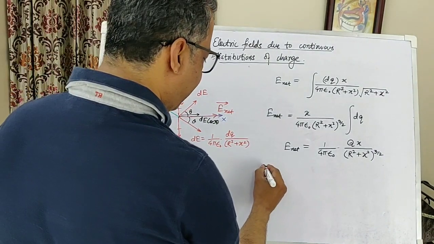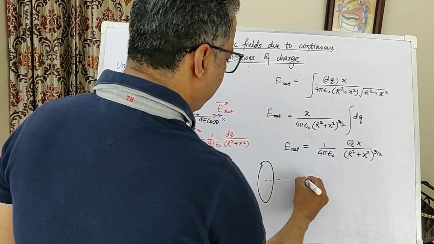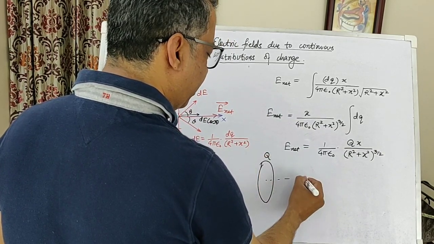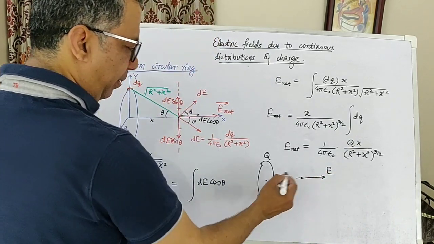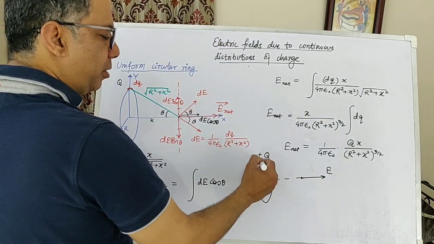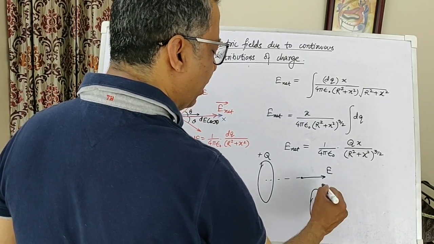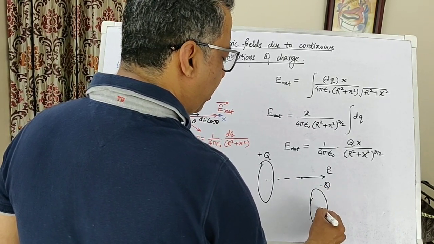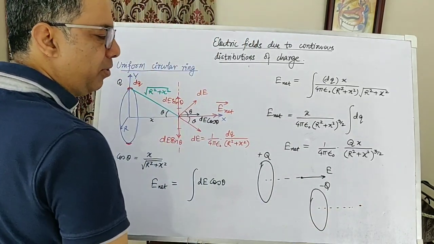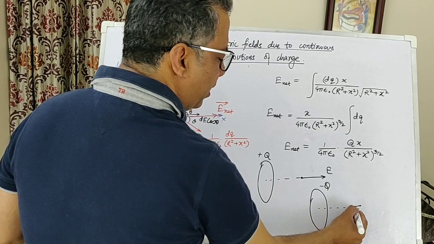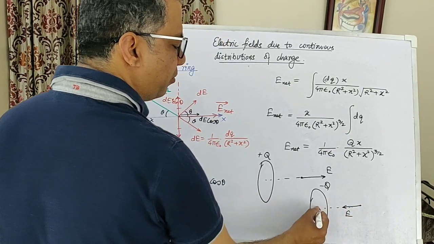So if you have a ring like this and you're looking at the electric field here, it will be pointing away from the center of the ring if the charge is positive. And if the charge on the ring happens to be negative, and you're looking for the electric field here on the axis of the ring, then the field will be directed towards the center of the ring.